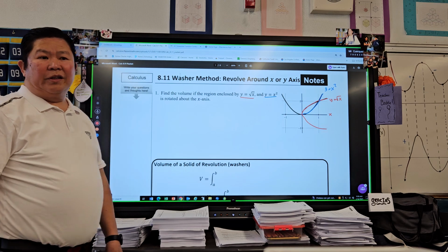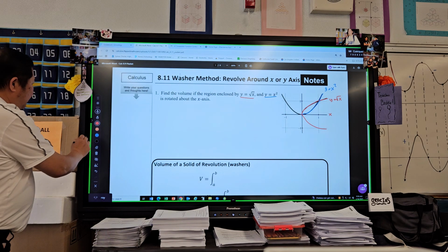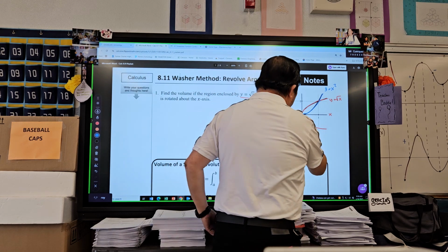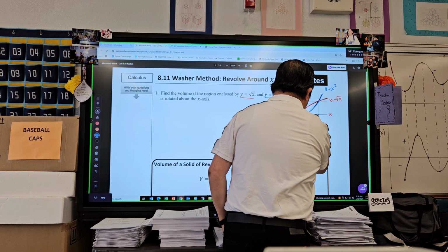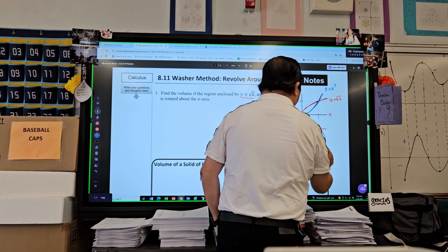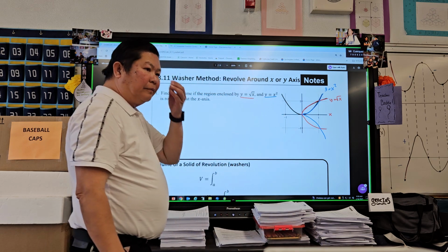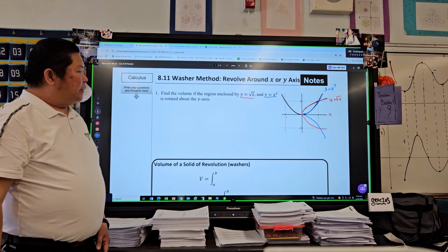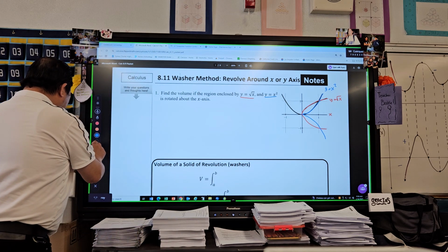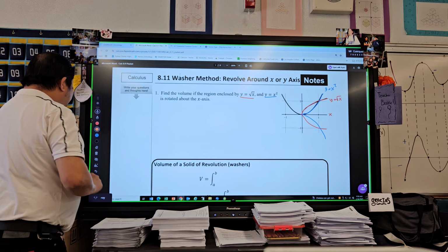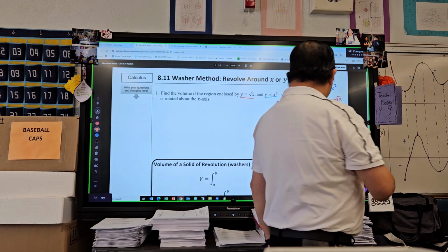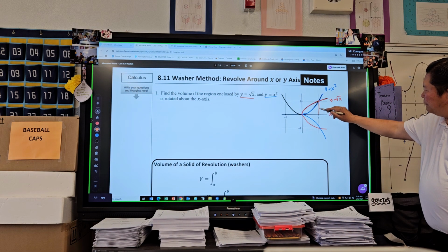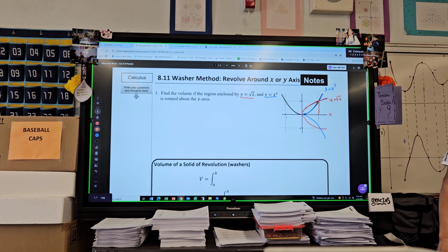And the blue curve, if we rotate this one, it's now like this. So we notice that the intersection right here, I'll use orange color, that from here up to here, this is the radius.